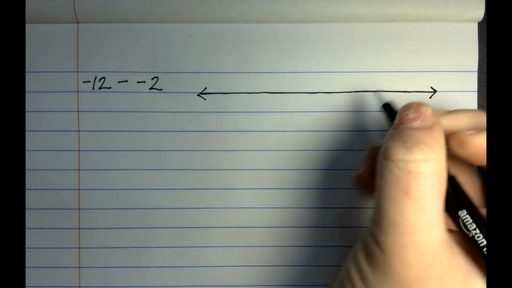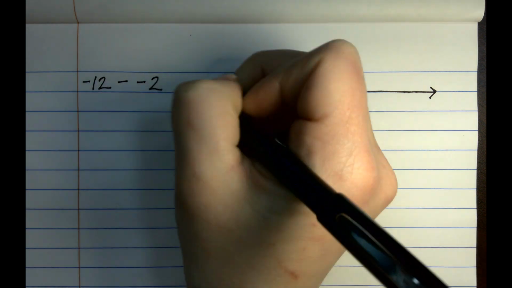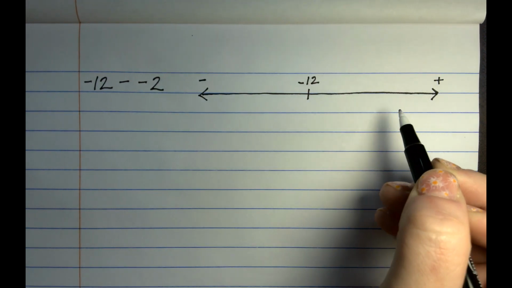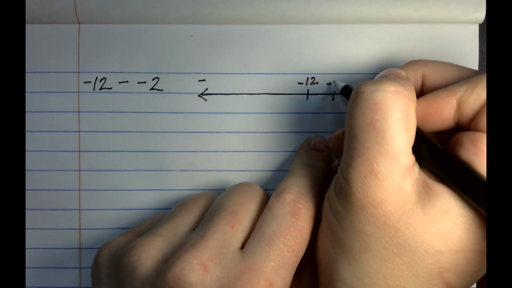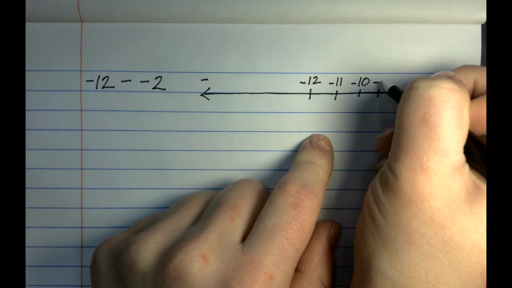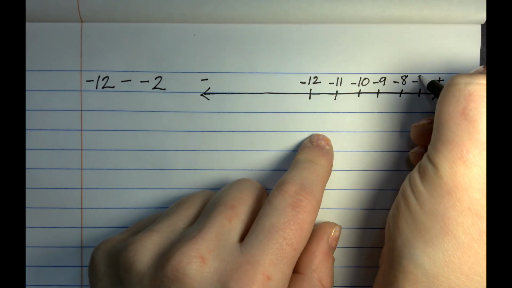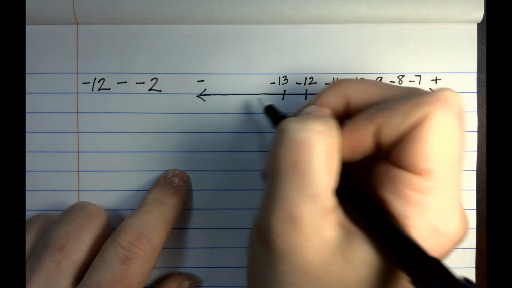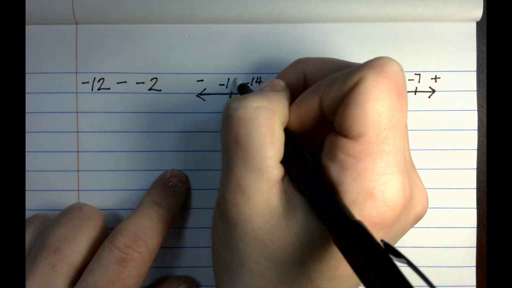Okay, and let's put negative 12. As we go to the right, negative numbers are going to get smaller. We're going to have negative 11, negative 10, negative 9, negative 8, negative 7, and then let's see, negative 13, negative 14, negative 15.